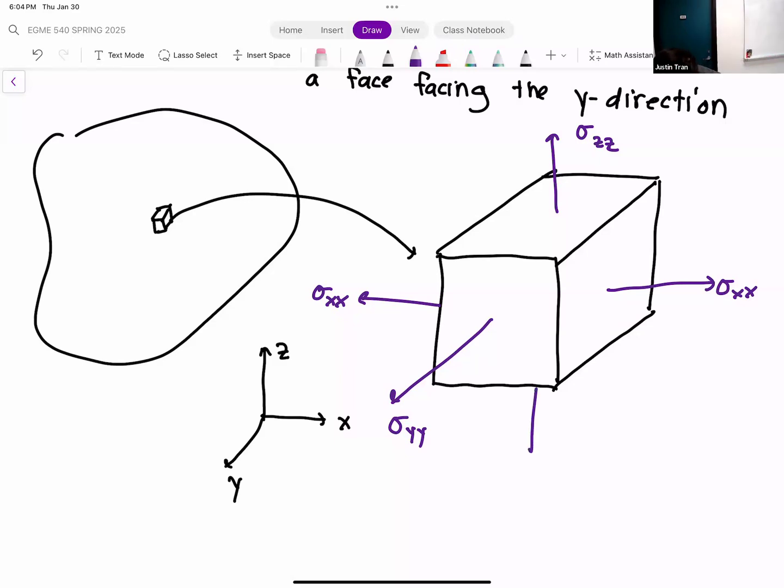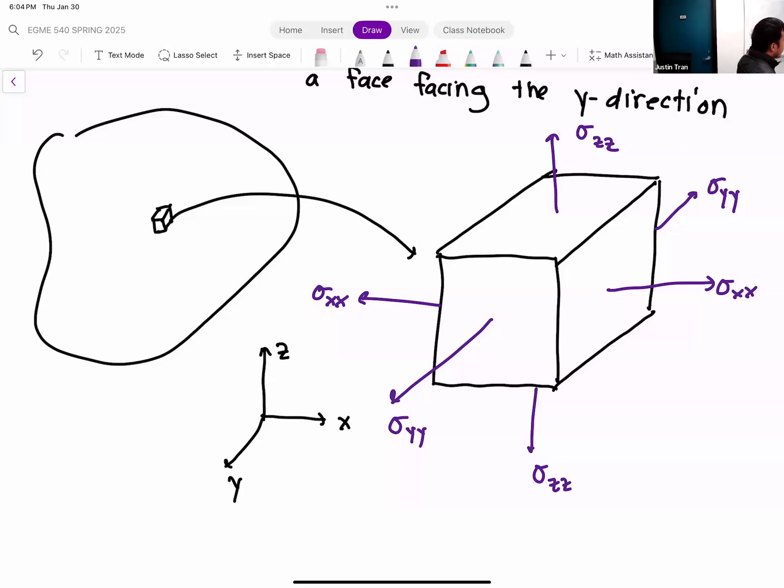And on the bottom here, there's also sigma zz, because we assume this cube is in static equilibrium. And of course, there's one coming out the back too, so there's sigma yy too. Okay.